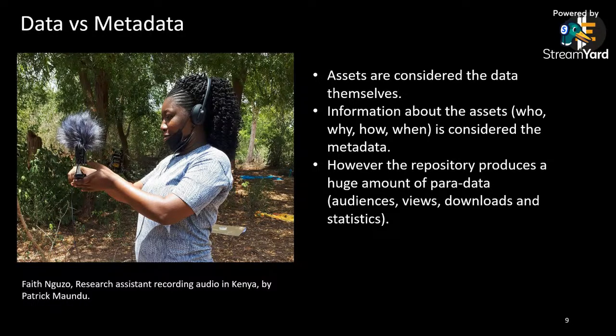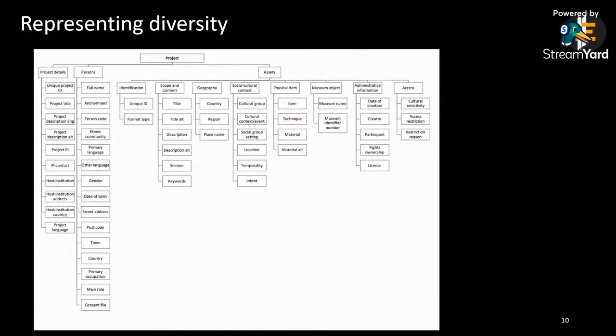And so, in this sense, because we are collecting data and metadata, and we are capturing information and knowledge, we are challenging traditional ontologies, and we are trying to create something more flexible, something that helps us represent diversity better, because we are looking at local knowledge, local diversity.